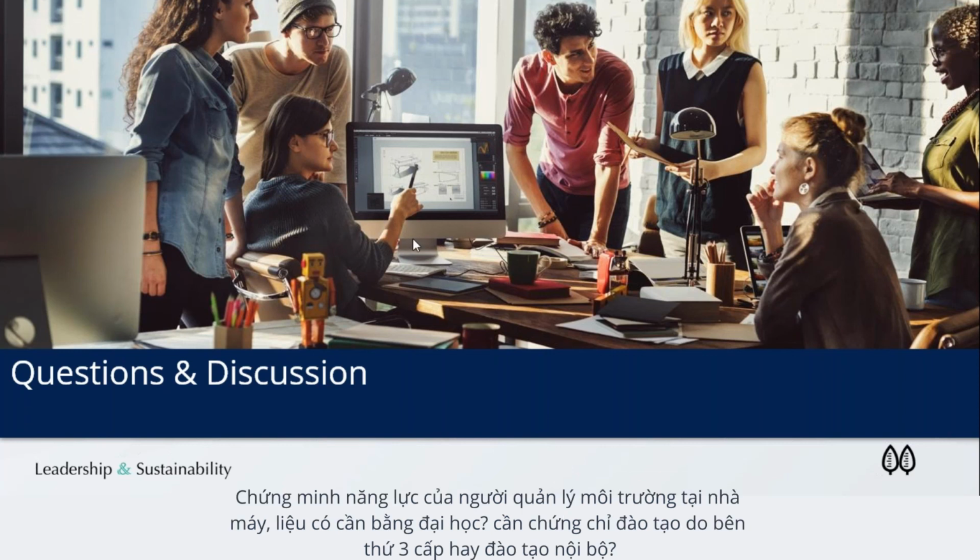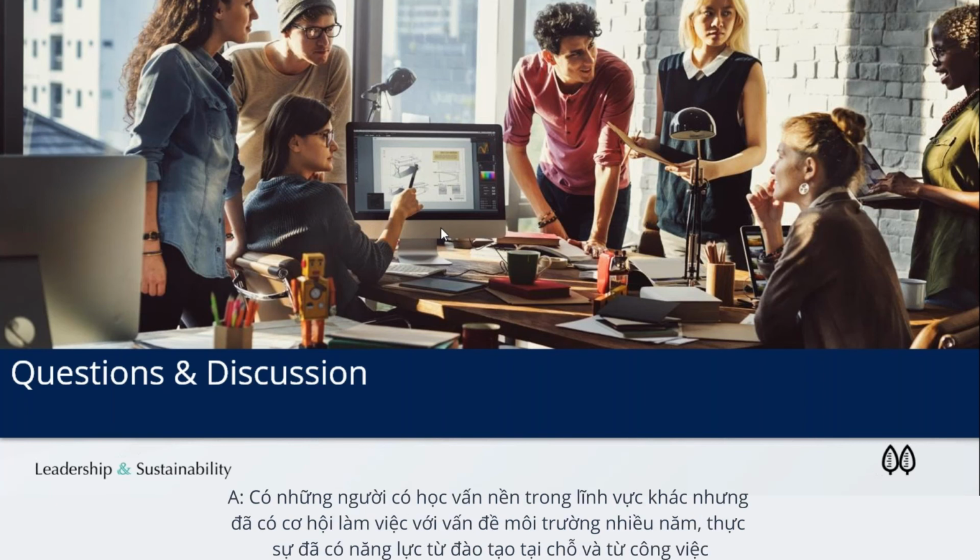If the link with the question 8 about environmental competence, when you try to evaluate if someone is in charge of environmental management, if they need to be in university background or official training given by external third party, or training on site would be accepted. Yes, this is very different. There are people who have perhaps another background, but have worked in the environmental area for many years and have been trained on the job for many years. That's one road.